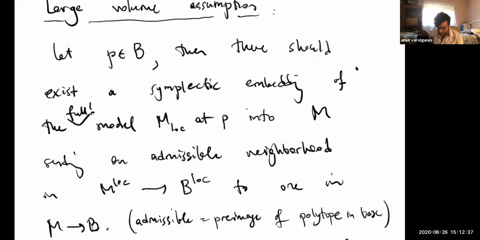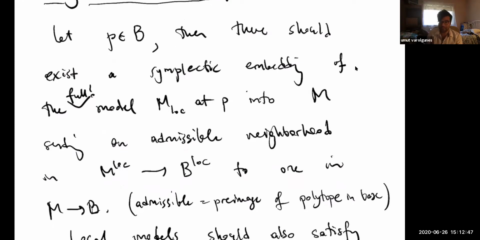And it should send some kind of admissible neighborhood of the local model to an admissible neighborhood of the point that I started with. By admissible here, I mean some kind of preimage of a polytope, a convex polytope. I should say convex.